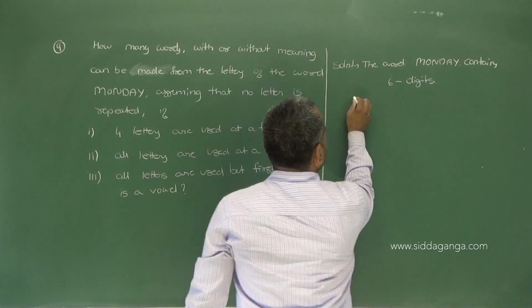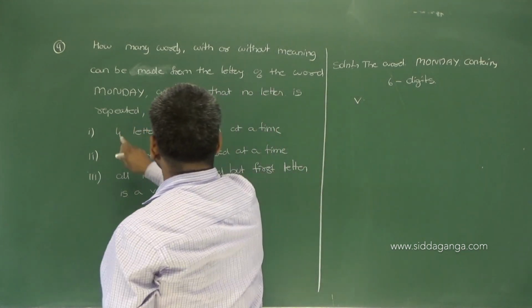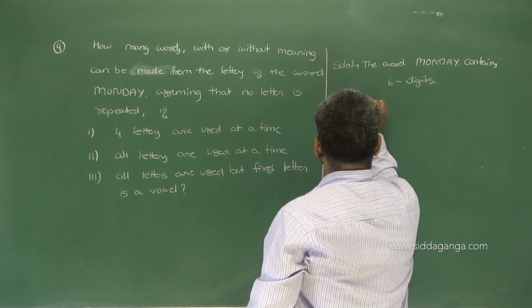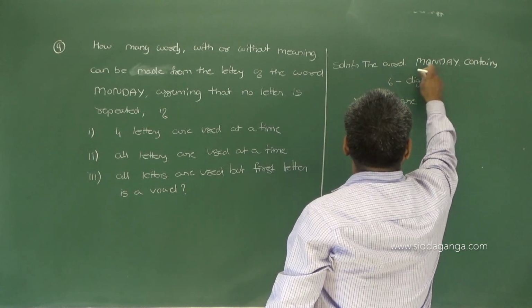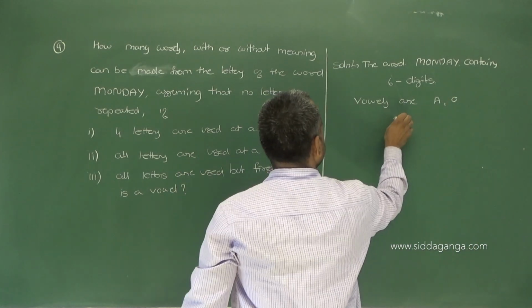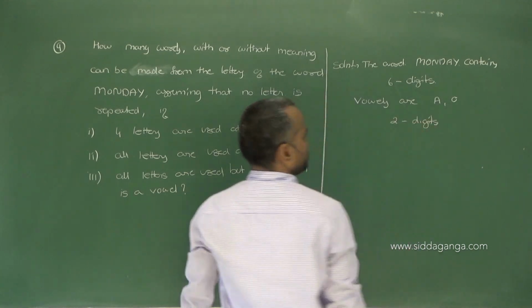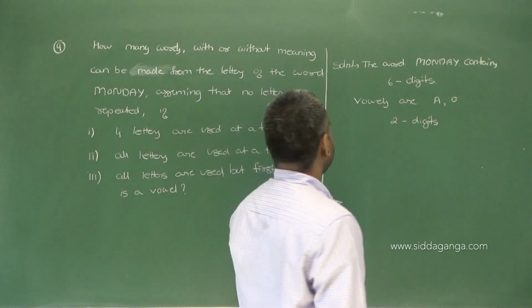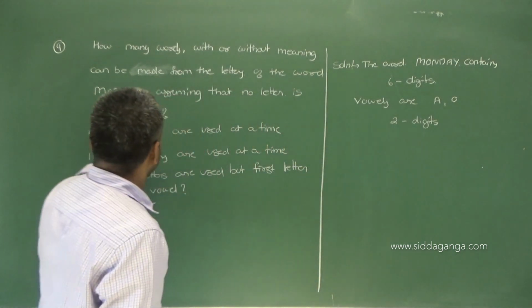Here, one more condition is there: vowels. What are the vowels? A, O, 2 letters, correct? This is the first basic concept.